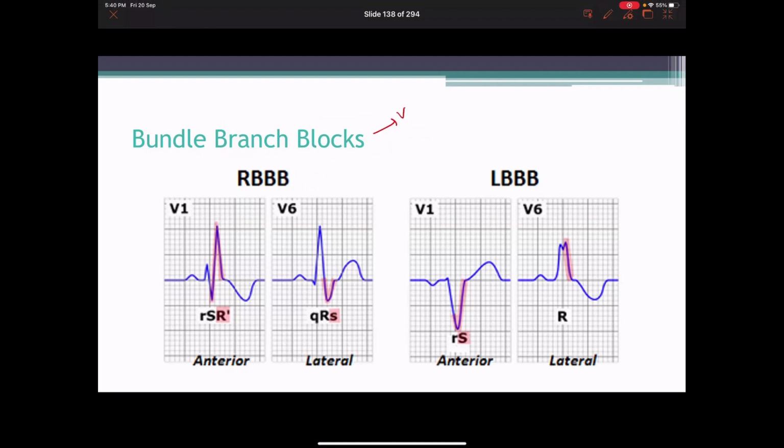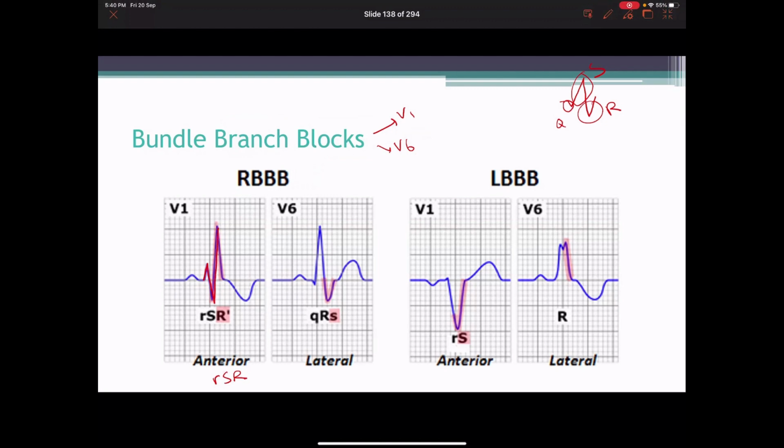Okay, you look at V1 and V6. Normally you have a Q, R, S. This is Q. This one is R.